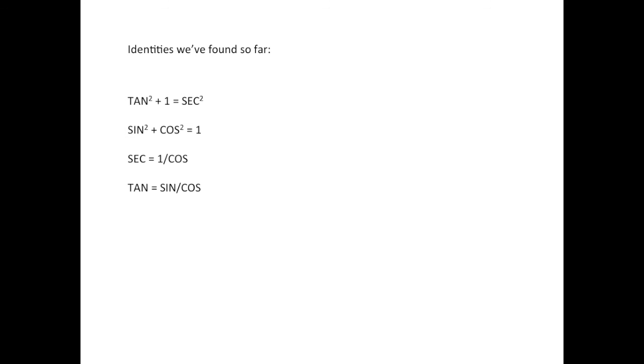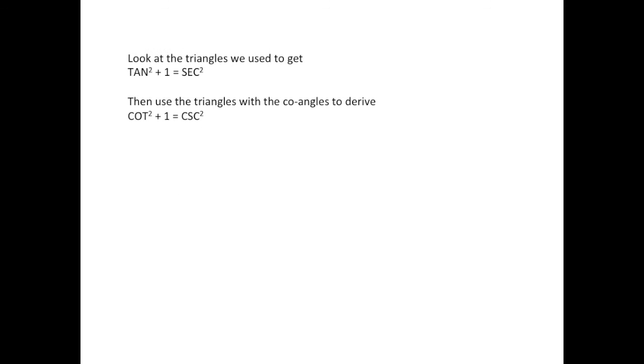Now what I'd like you to do is find a few identities on your own. So, for example, we came up with tangent squared plus 1 equals secant squared. Go back and look at the triangle that has the cotangent and the cosecant. See if you can work out from that the cotangent squared plus 1 is equal to the cosecant squared.